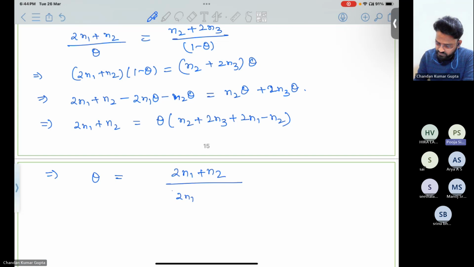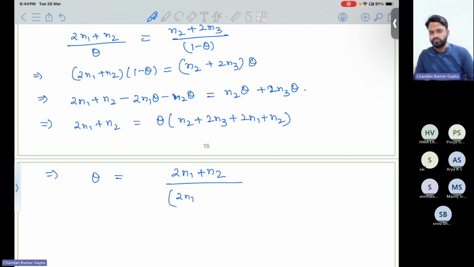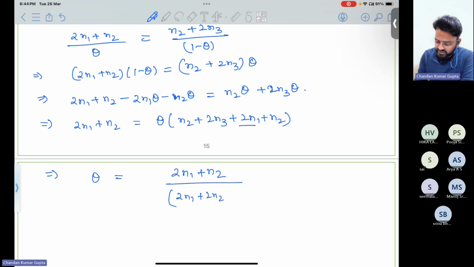Sir, it is plus. Okay. It is 2n1 plus n1... that is plus 2n2 and plus 2n3, which is equal to 2n1 plus n2 divided by twice of (n1 plus n2 plus n3).